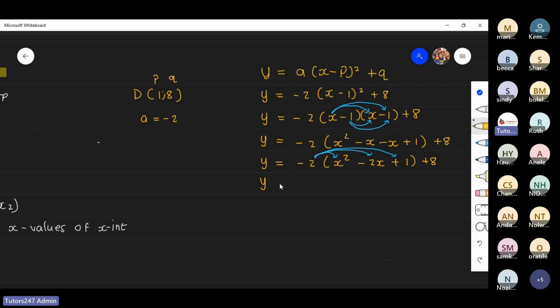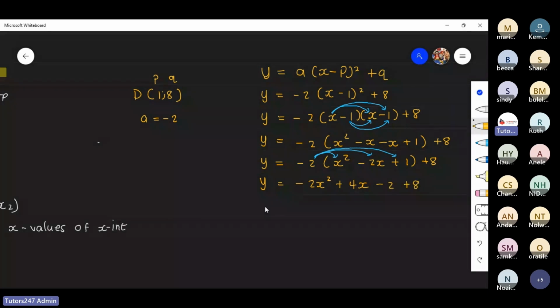So this is going to be -2 times x squared, which gives us -2x squared. -2 times -2x, we'll say negative times negative gives us positive. 2 times 2 gives us 4, and we repeat the x. Next, we have negative 2 times positive 1. That'll give us negative 2, and we bring down positive 8.